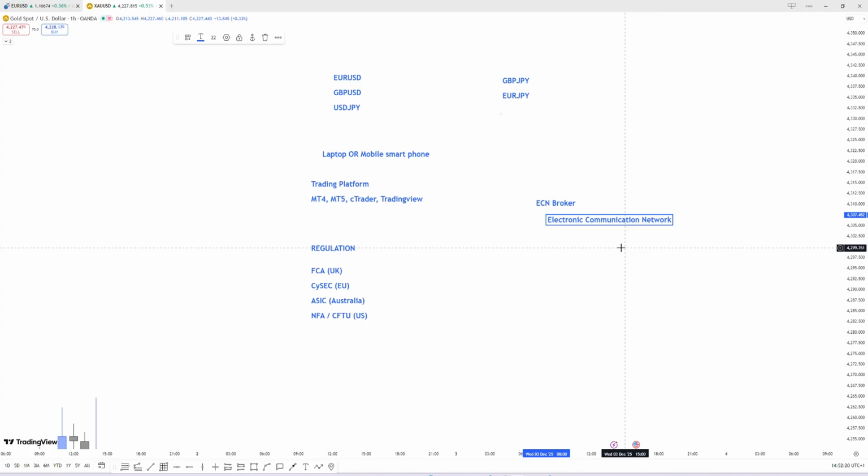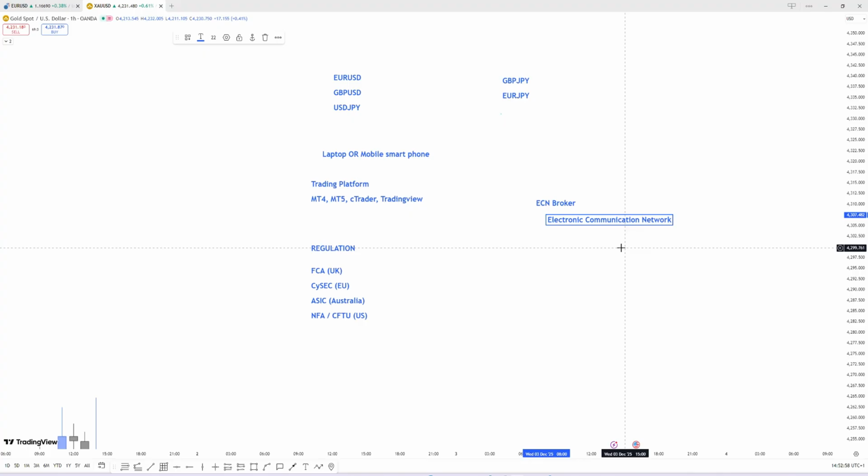Instead, it uses an electronic network to directly connect you as a buyer or seller to another forex trader on the other side, acting as a buyer or a seller. Let me explain. For instance, retail traders, banks, hedge funds, and other liquidity providers are automatically matched to the other trader on the other side.